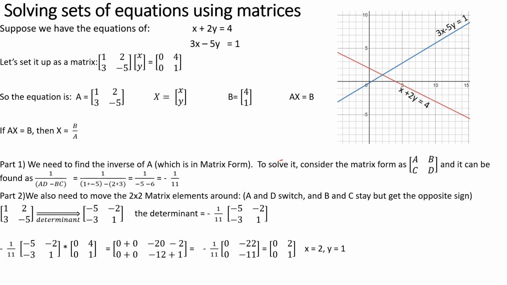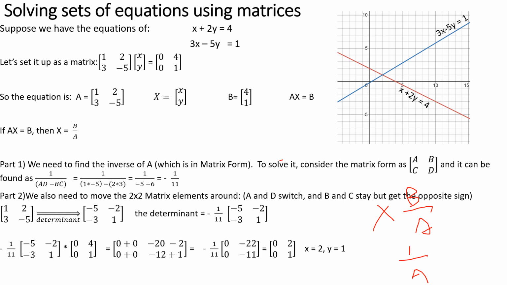So we look at this, and what we need to find is the determinant. Remember what I said here, if x equals b over a, I've got to find 1 over a.